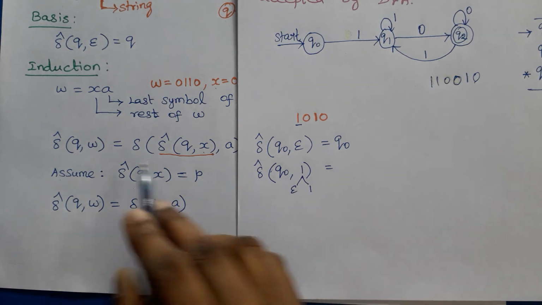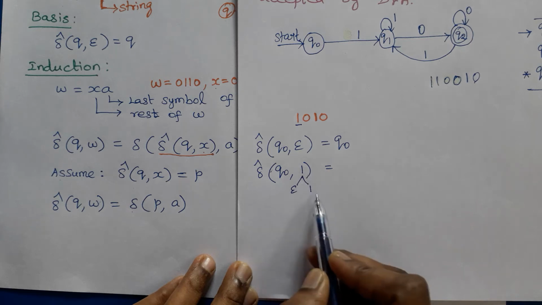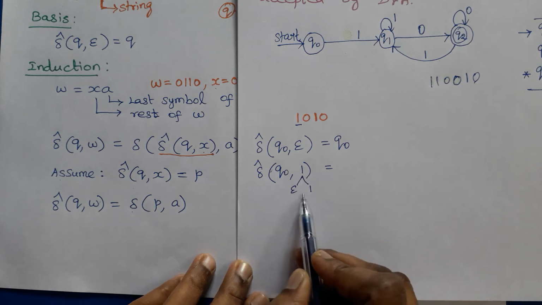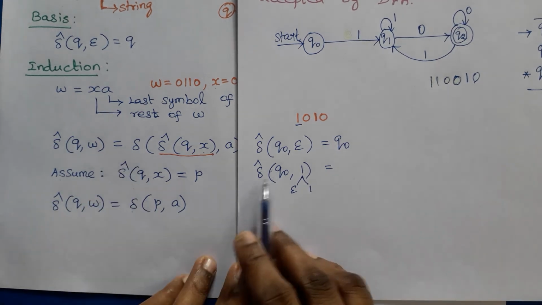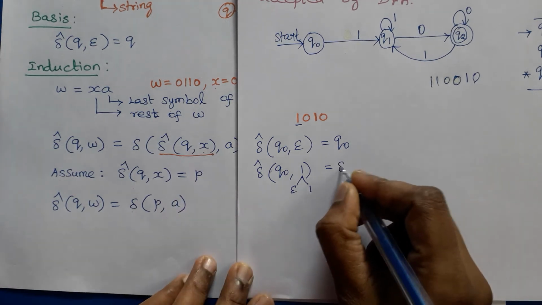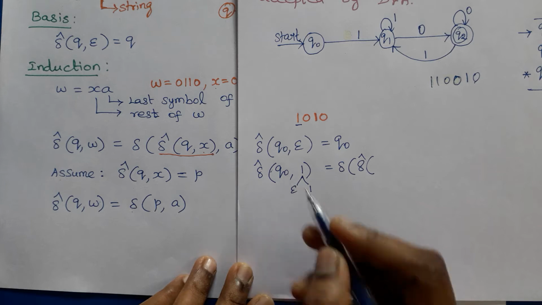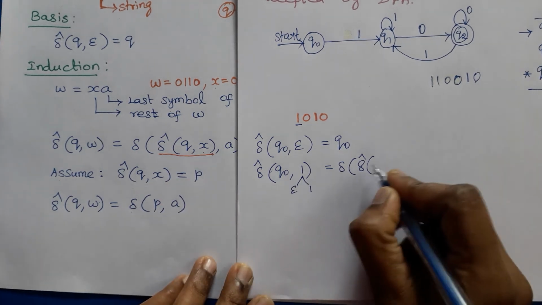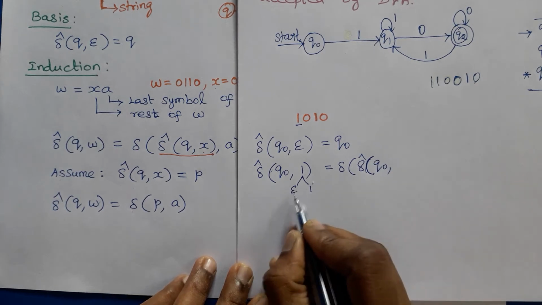X means the remaining symbols. So here we can consider epsilon concatenated with 1, because this is the identity element. Then this delta cap of q0 comma 1 can be split like this: delta cap of q comma x, so here q0 comma x is epsilon.